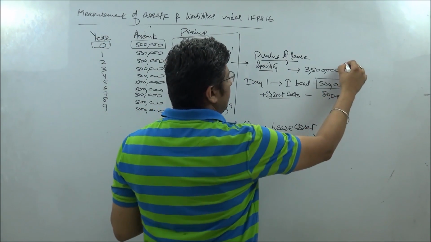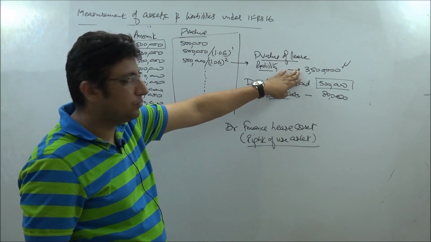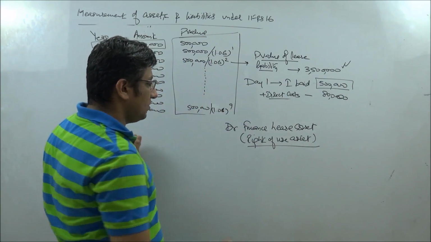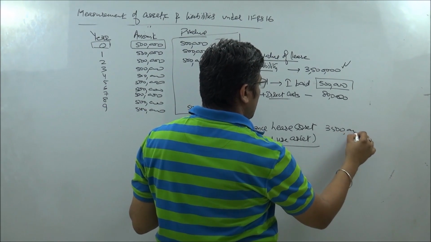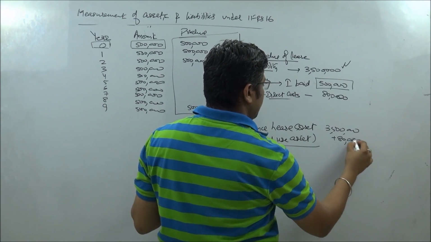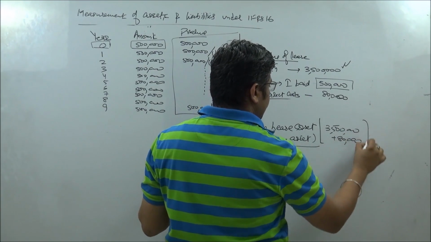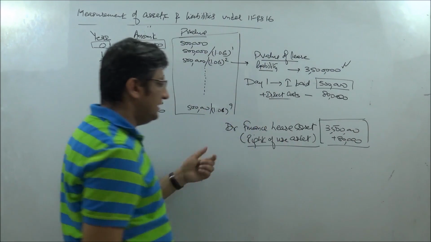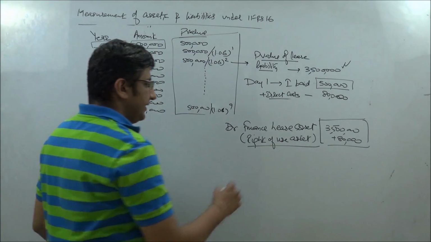I'm looking at the present value of all the amount that I'm supposed to pay plus the direct cost. So my amount will be 3.5 million plus 80,000. So this is the value of your asset or right of use asset, right?